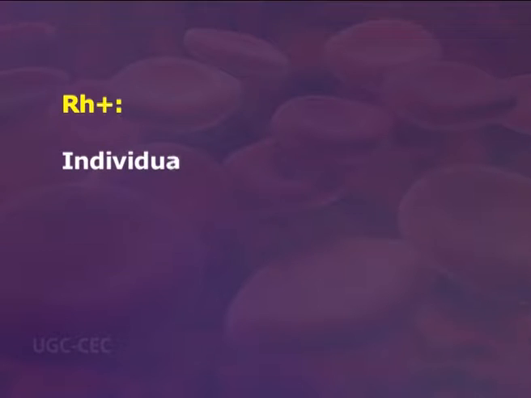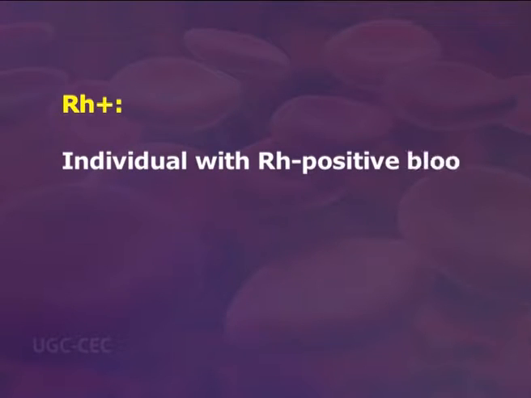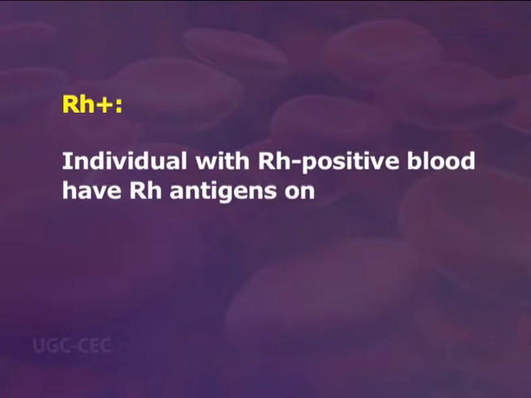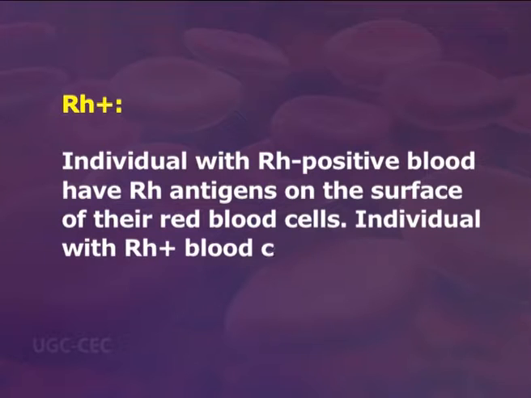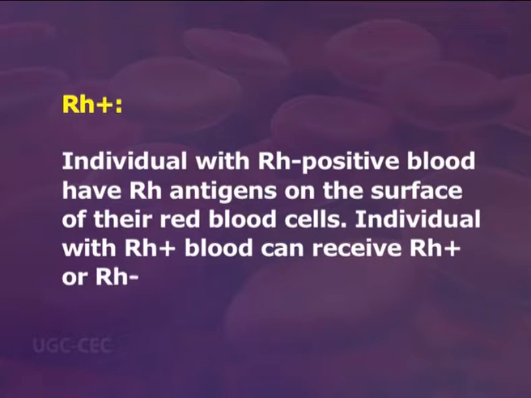Then there is the Rh factor blood grouping system. Individuals with Rh positive blood have Rh antigens on the surface of their red blood cells. Individuals with Rh positive blood can receive Rh positive or Rh negative blood.